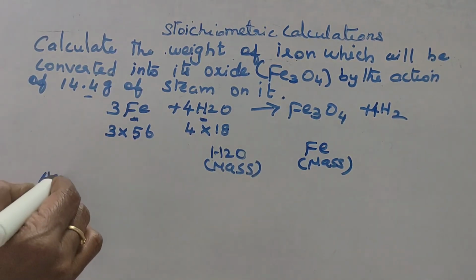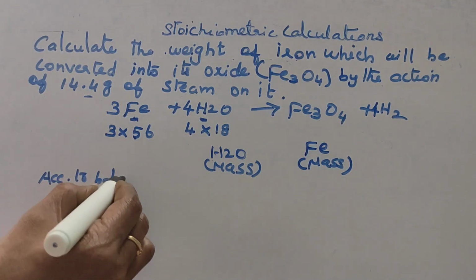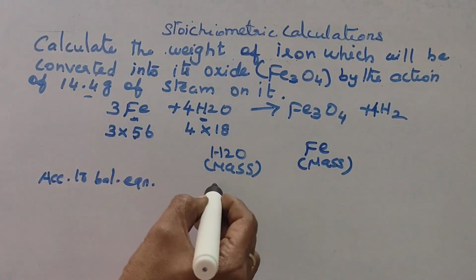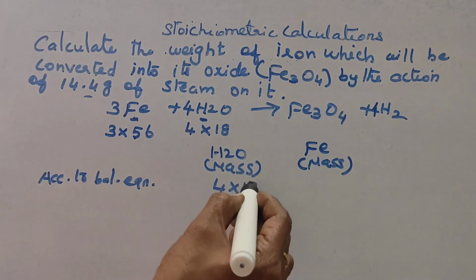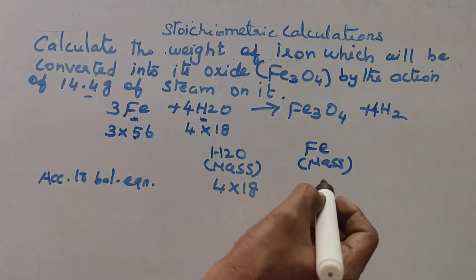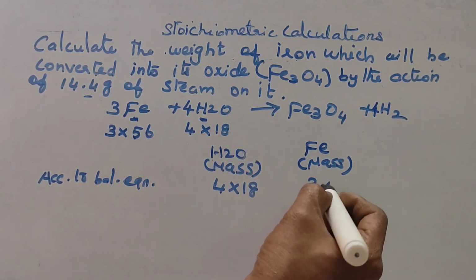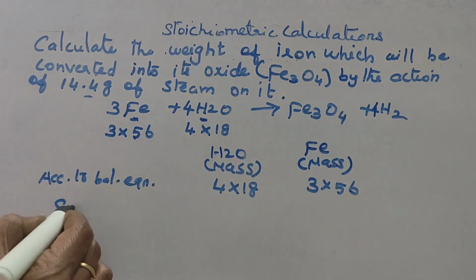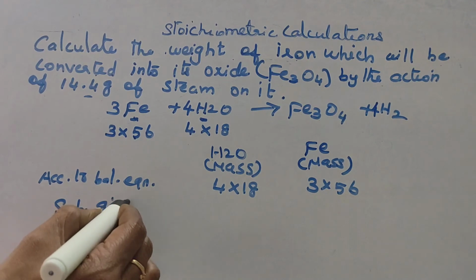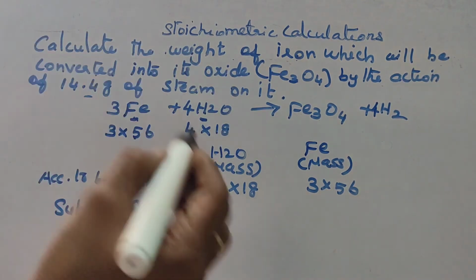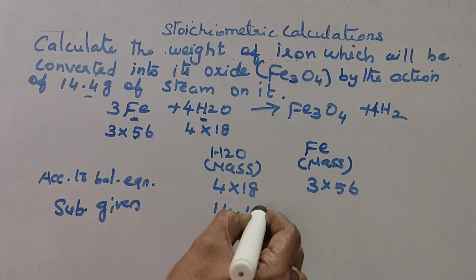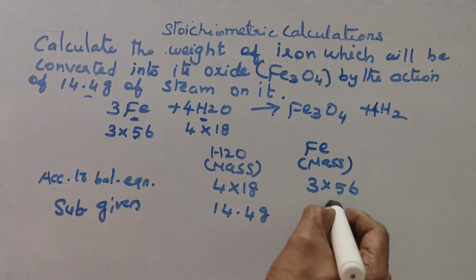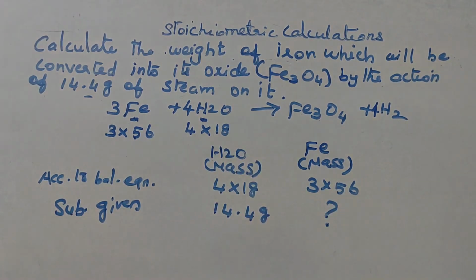So, according to the balanced equation, 4 into 18 gram of water needs 3 into 56 gram of iron. Substance given: 14.4 gram of water needs how many gram of iron?